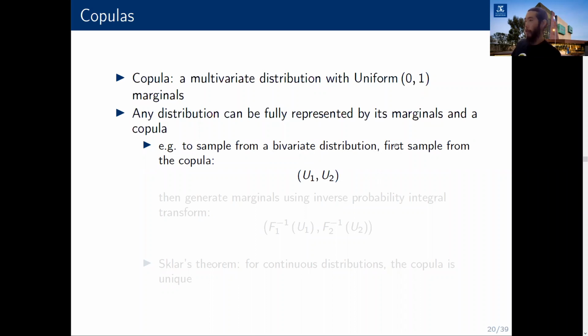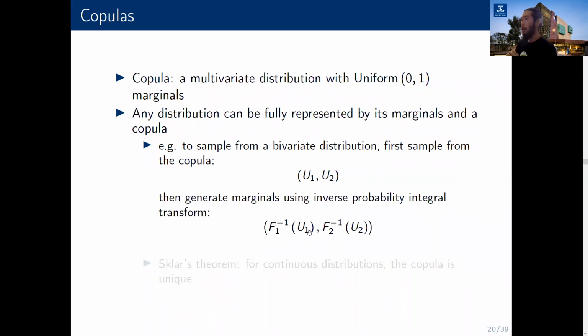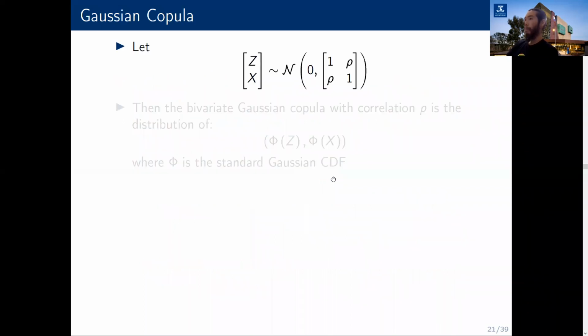Well, to do that, we can first sample from its copula, and we get this pair of uniform random variables with some dependence between the two. But then we can use the inverse CDF to generate the marginals with that dependent structure still within there. And so there's a result called Sklar's theorem, which says, well, for continuous distributions, the choice of copula in this representation is unique.